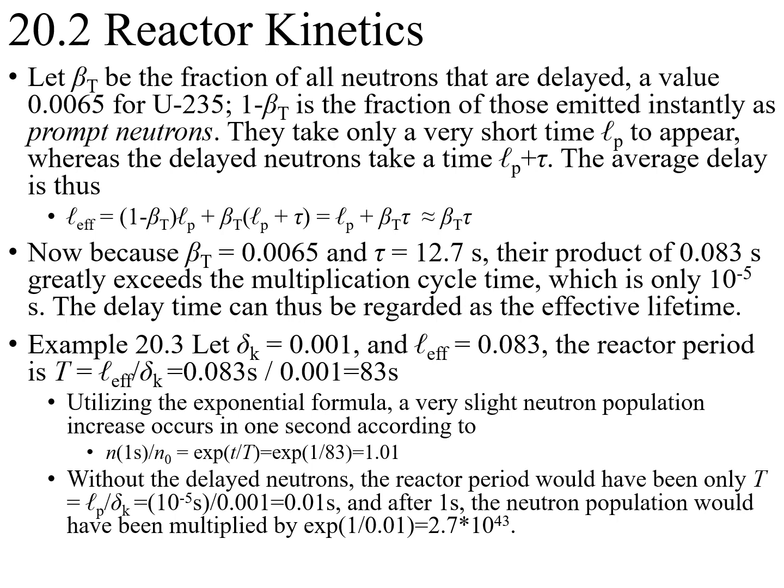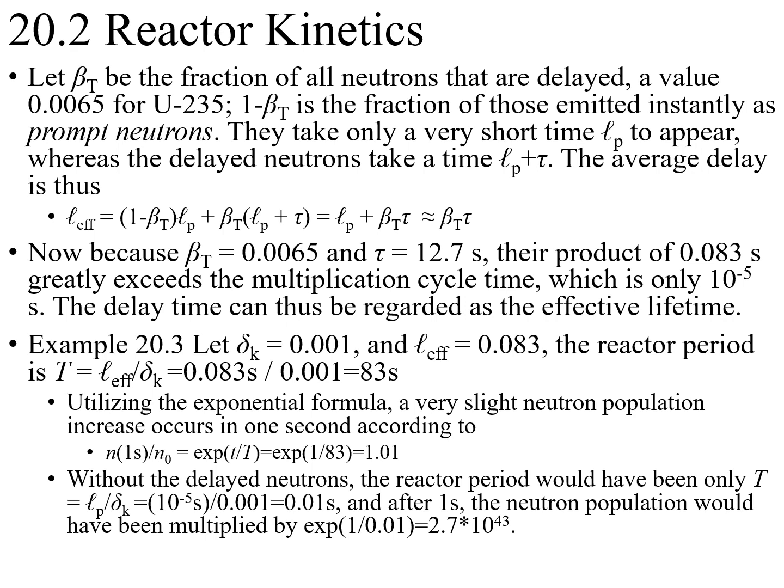The prompt neutron takes a very short time, LP, to appear, which is about 10 to the negative 5 seconds. Whereas the delayed neutron takes a much longer time, LP plus tau, to appear. And tau is 12.7 seconds, which is much larger than LP.